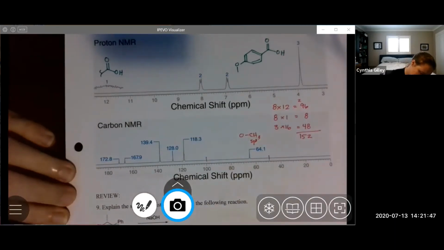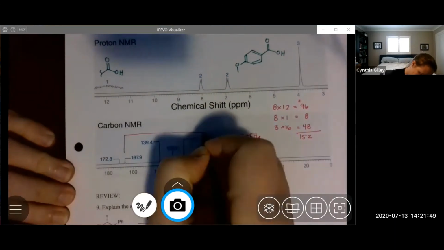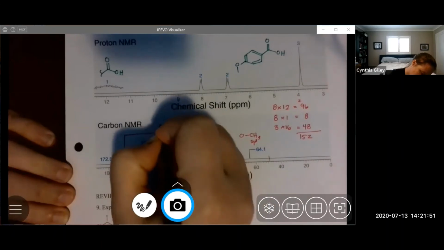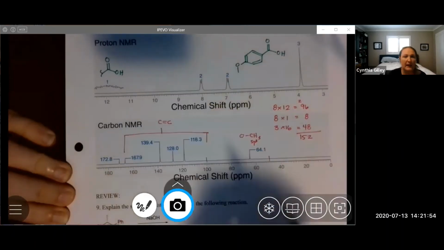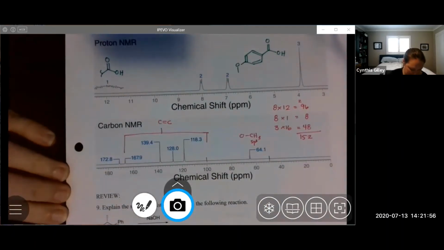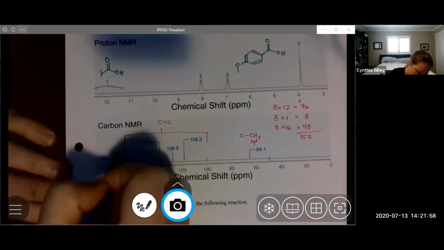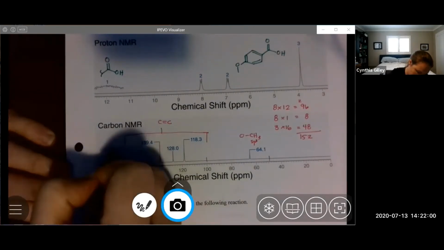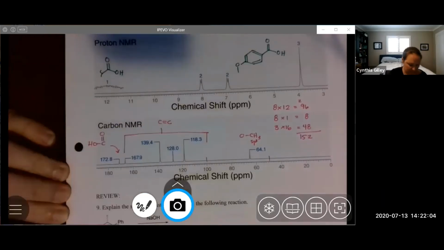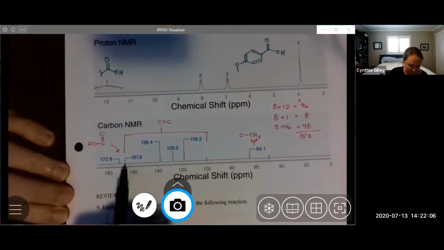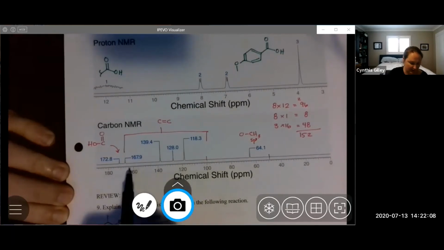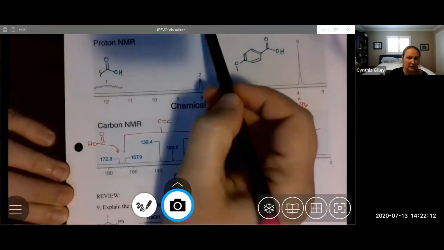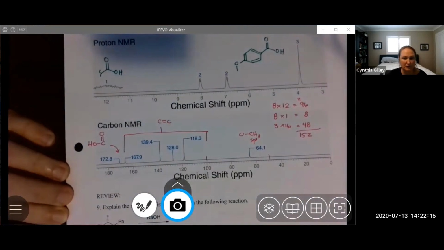And then these are likely from the aromatic ring, and then this one. Right, so this is a little out of the 0 to 150 region, but proximity to another oxygen shifts that a little more down.